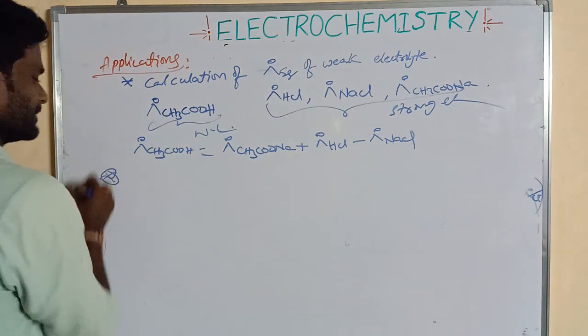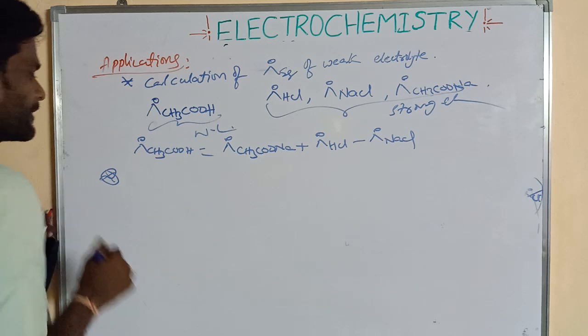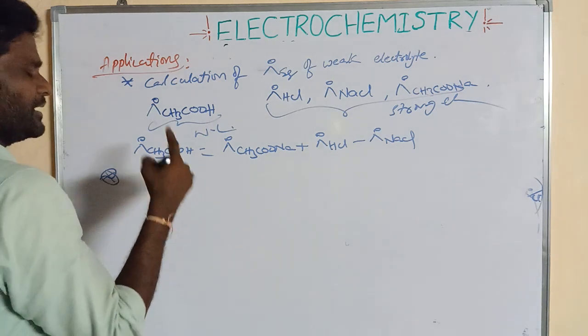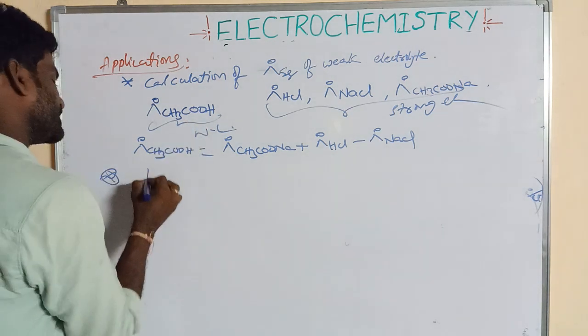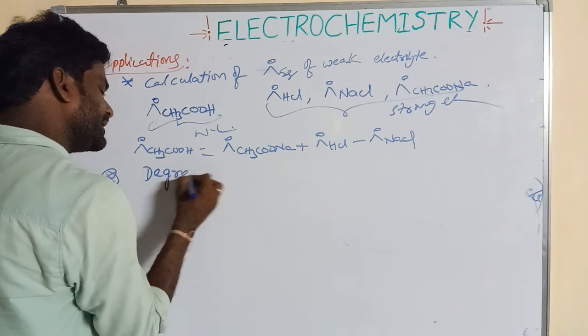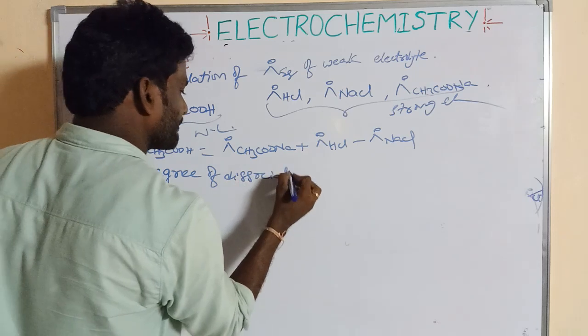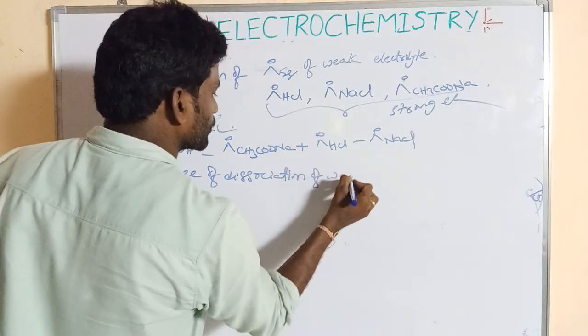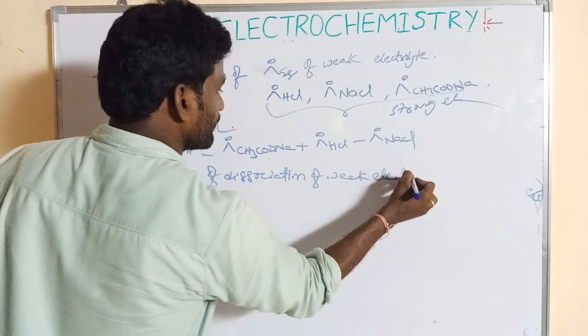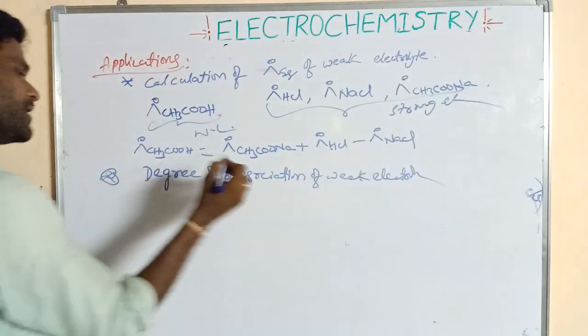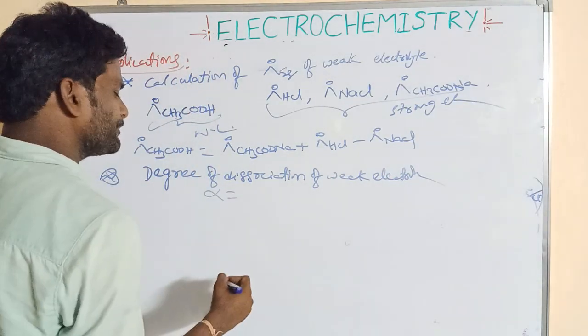The second application is the degree of dissociation of a weak electrolyte. The degree of dissociation can be represented by alpha.